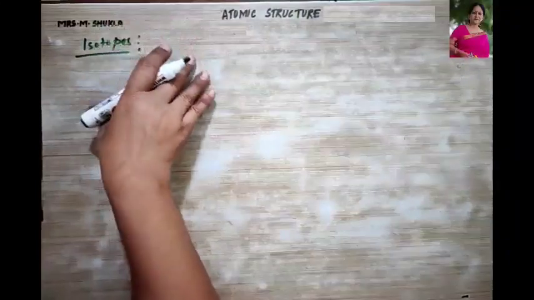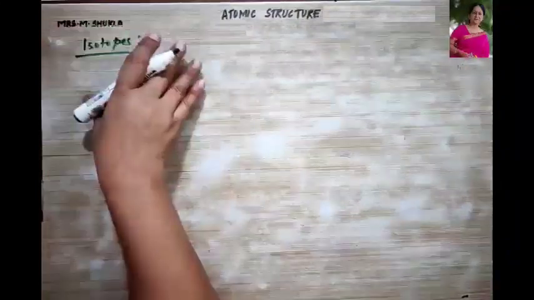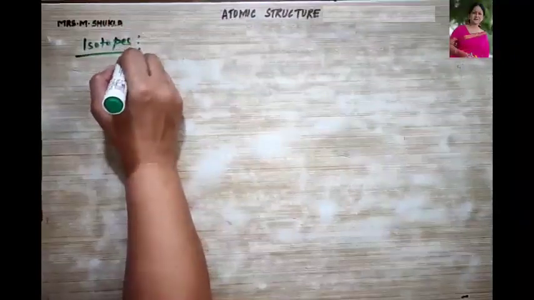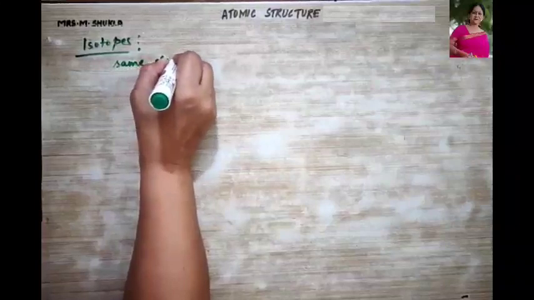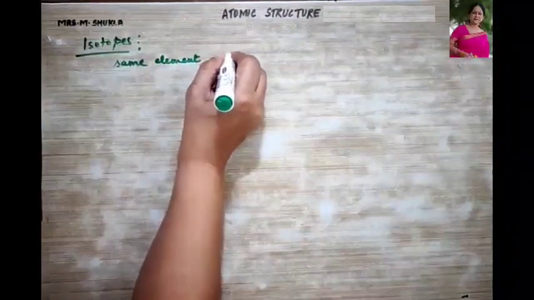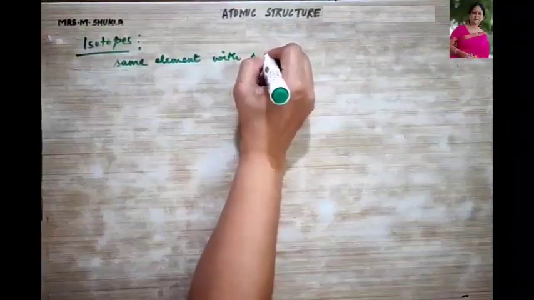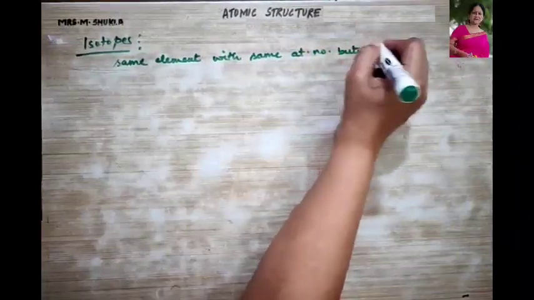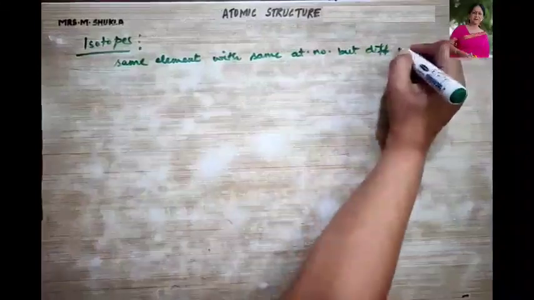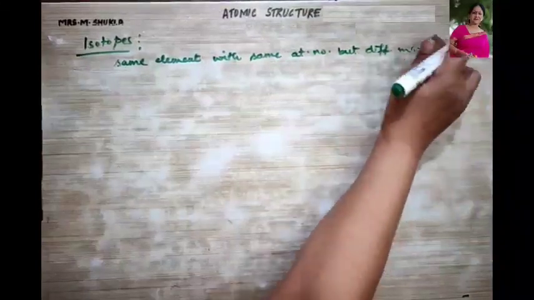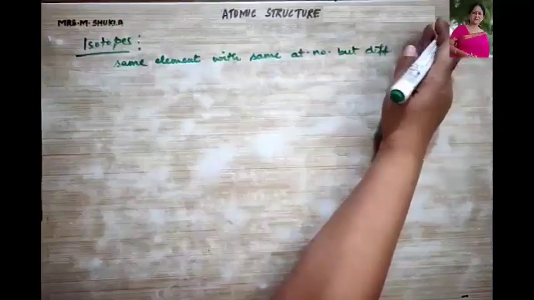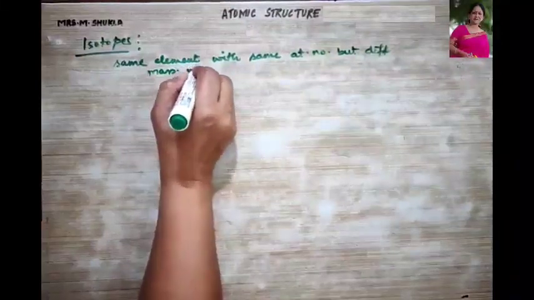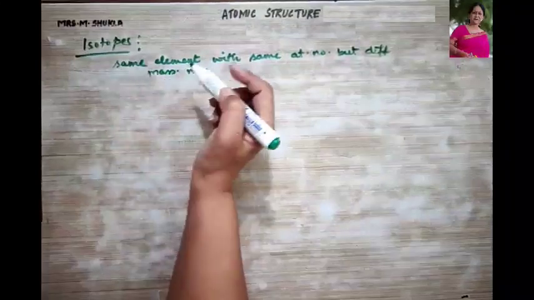These are those same elements which have the same atomic number but different mass number. They are termed as isotopes.